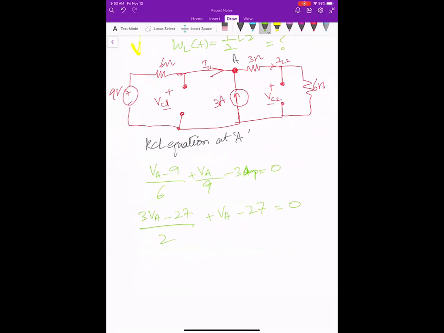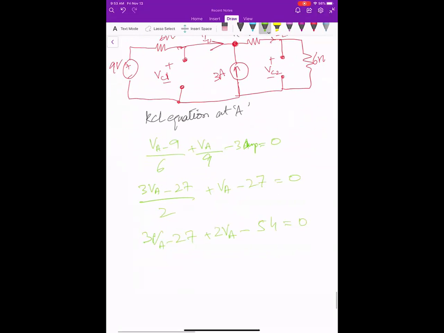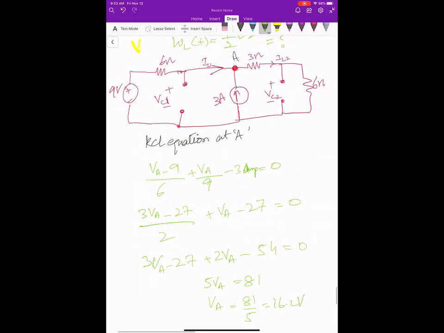Okay, and then so VA is 16.2 volts. Okay. So what do you think? What will be the value of VC1 here?